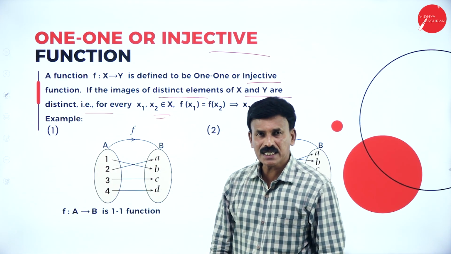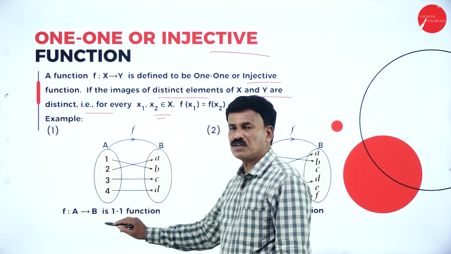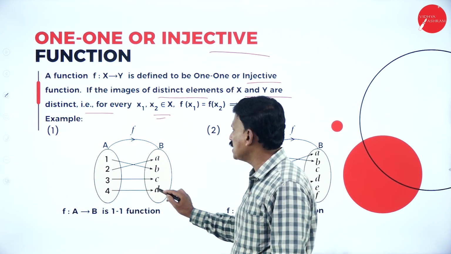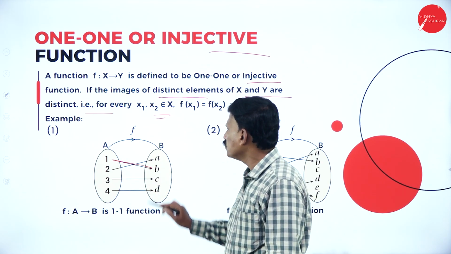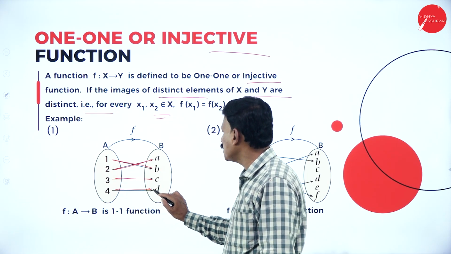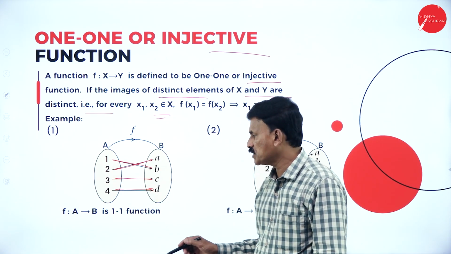Now let us take an example. This is an example of a one-one function. A contains 1, 2, 3, 4, B contains a, b, c, d, and the mapping is 1 to a, 2 to b, 3 to c and 4 to d. So here there is a one-to-one association.